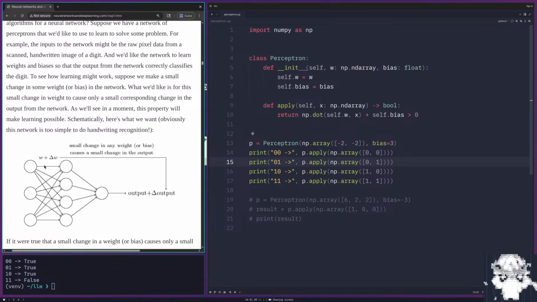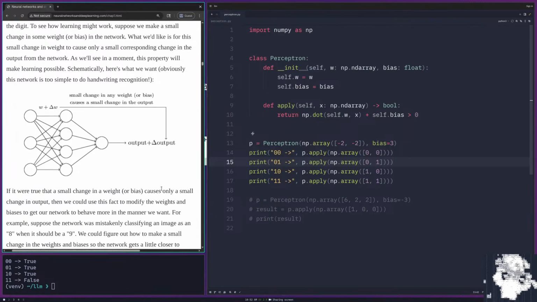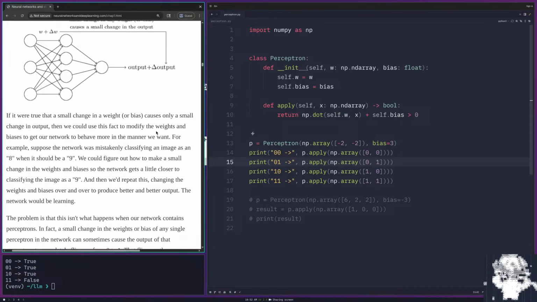He's highlighting a specific arrow with a weight, W, and he's saying let's add a small change to that, so W plus delta W. A small change in any weight or bias causes a small change in the output, so then the output should be output plus delta output. Where if delta W is small, then delta output should also be small.